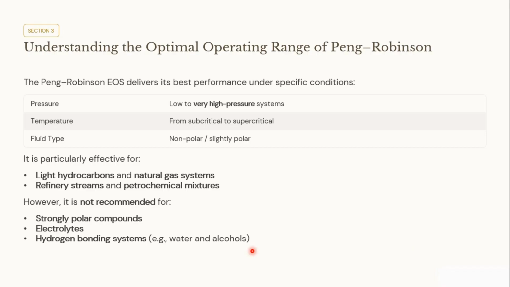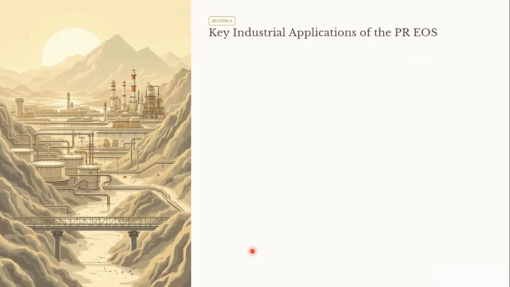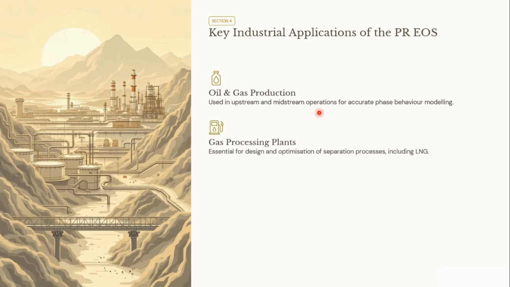for the last 5 years. Key industrial applications of the Peng-Robinson equation of state are: number one, oil and gas production, used in upstream and midstream operations for accurate phase behavior modeling. Gas processing plants, essential for design and optimization of separation processes, which also includes LNG, liquefied natural gas.